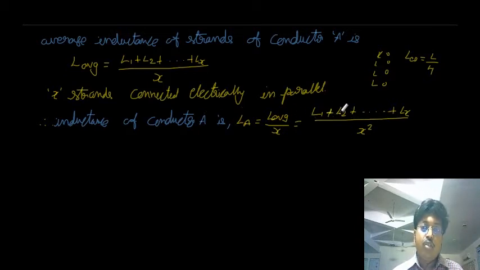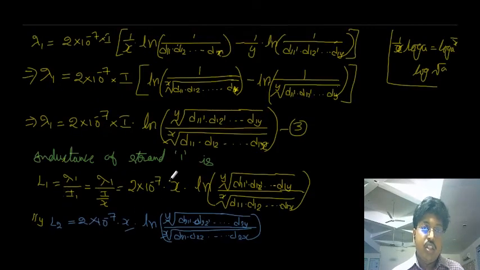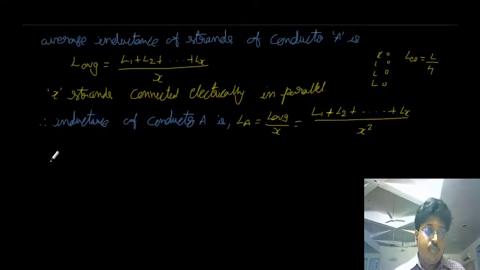Now substitute L1 plus L2 from the previous derivation. This is L1 and this is L2. In these terms, 2 into 10 power minus 7 into x is a common factor. So LA is equivalent to 2 into 10 power minus 7 into x, with the denominator 1 by x square, into L1 plus L2.